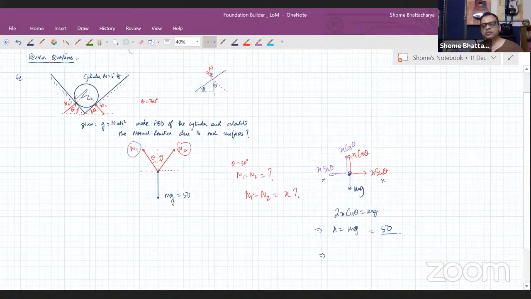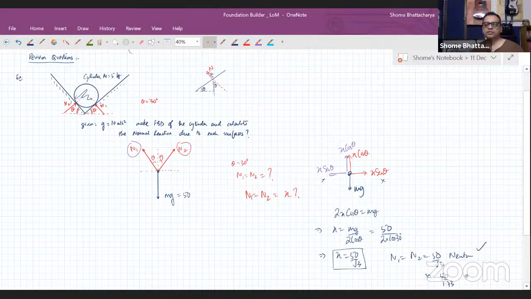So mg by 2 cos theta. So that is 2 times cos 30. So how much does x become? 50 by root 3. Okay. So N1's magnitude is equal to N2's magnitude, which is 50 by root 3 newtons. Or you can approximate it as 50 upon 1.73, but this is fine to leave it. So this will come out to be some 28 point something.